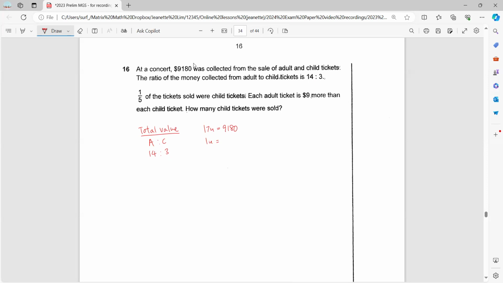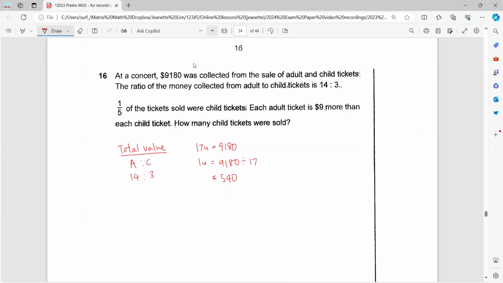So let's find how much is collected for the adults, how much is collected for the children first. Children, 3 units.